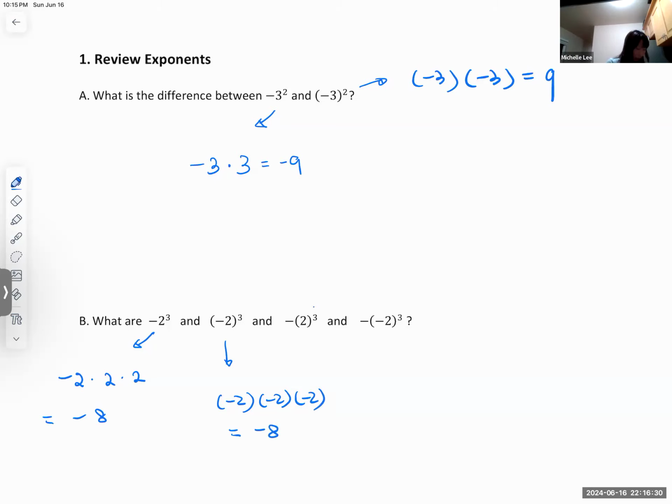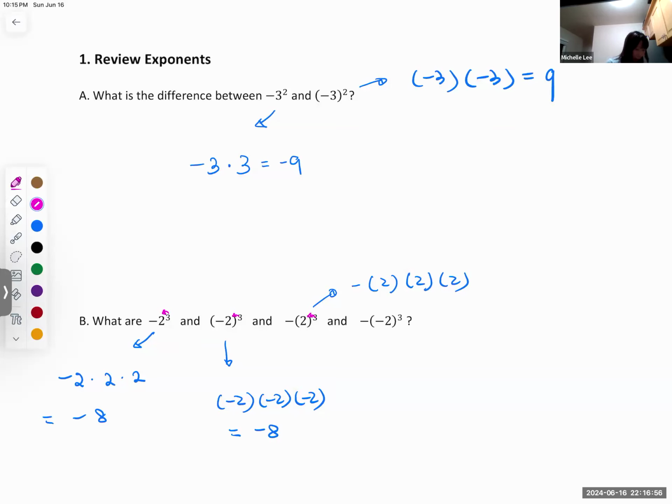And this means we have a negative sign outside of the parentheses, so that will be 2 times 2 times 2, right? Because the exponent is applied only to the base here. So this one is the whole thing, and this one is only the parentheses, right?